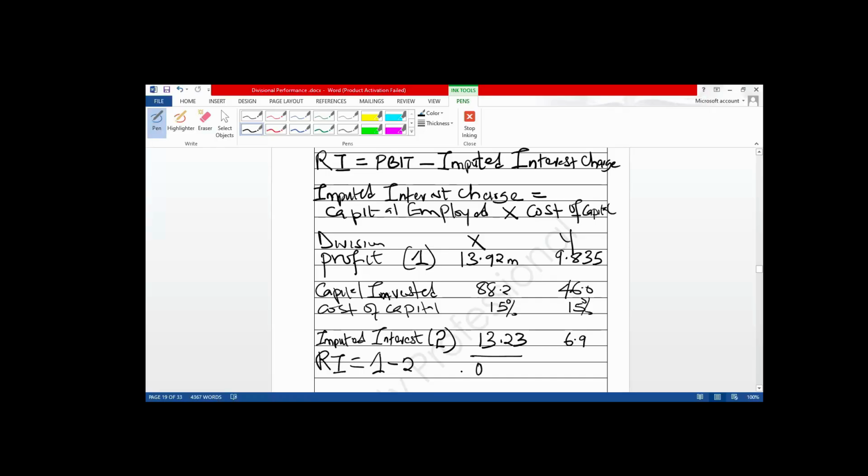Here you have 0.69 million. 9.835 minus 6.9. Here you have 2.935 million. You have calculated return on investments as well as residual income for the new projects.